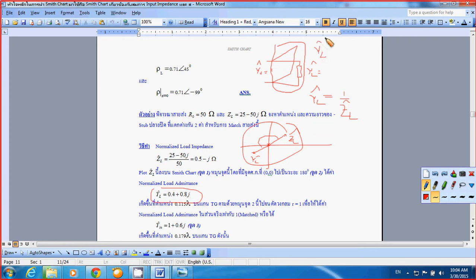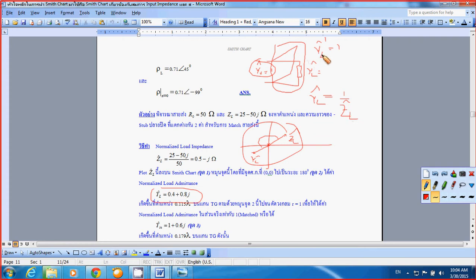What if you match the transmission line? What should the new YL normalized be? It should be equal to the characteristic admittance of the transmission line. So what you're looking for is that you want this one to be 1.